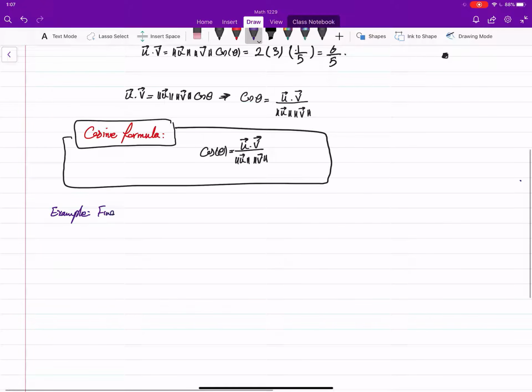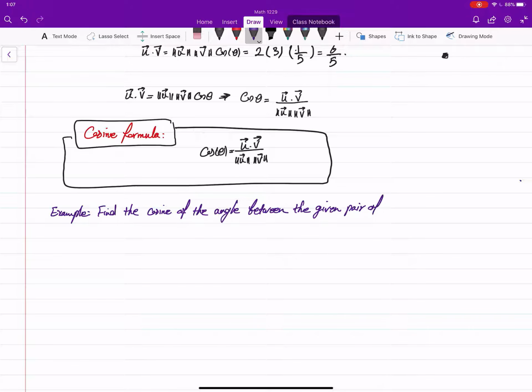Find the cosine of the angle between the given pair of vectors.